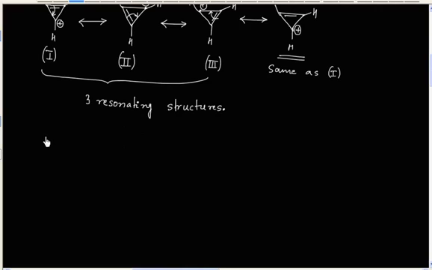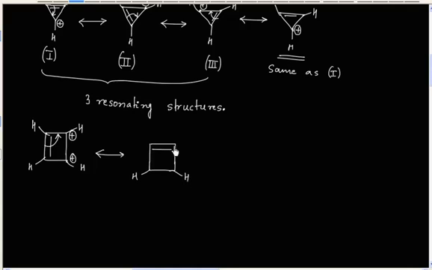Now let us consider a 4-membered cyclic system. Each carbon has a hydrogen and there are 2 positive charges. So we can shift this double bond here to get another resonating structure. Each carbon has a hydrogen and these 2 carbons having 3 bonds, so they will be positively charged.